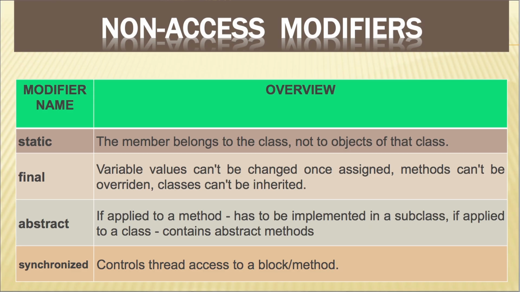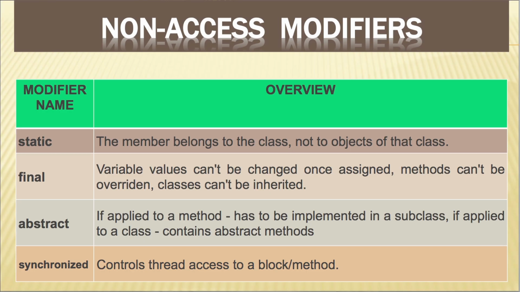Now see the non-access modifiers. Non-access modifiers are modifiers like final, abstract, synchronized. These are examples of non-access modifiers. For a final variable, the value cannot be changed once assigned.